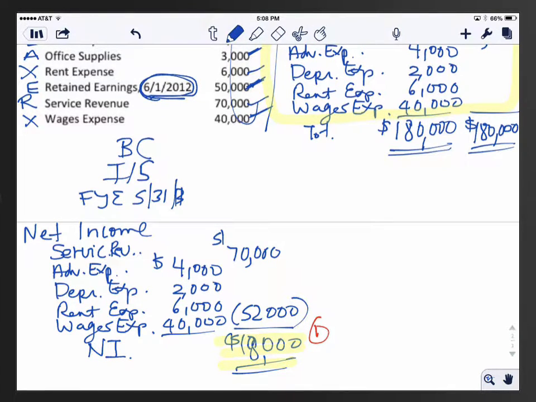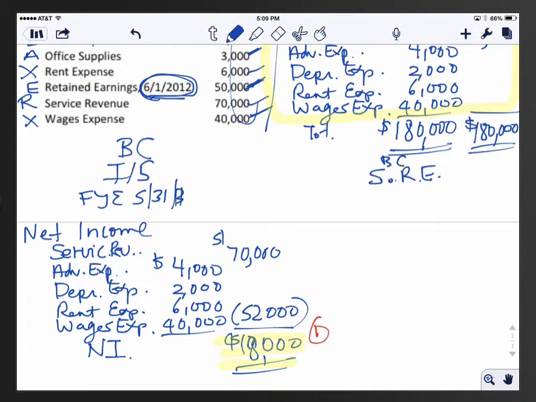So we could actually write out a statement of retained earnings for Brownell Company, give it a heading. Pretend this is another sheet of paper. For the year ended 5/31/13. You don't have to do this, but if you were asked to do this, you'd have everything you need, right?